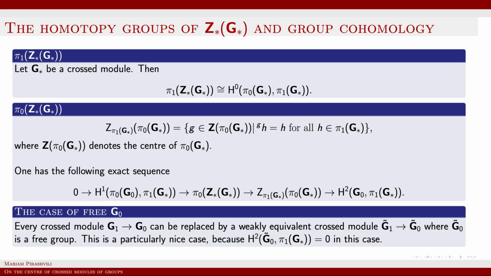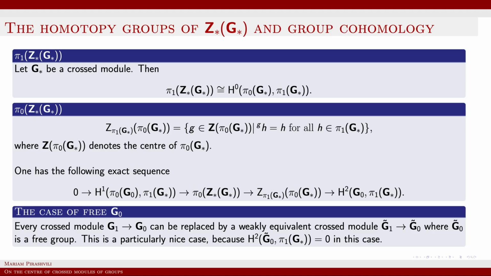And now we want to investigate the structure of the center, and we want to relate it to things that we know, and also express this in terms of things we know from our crossed module.